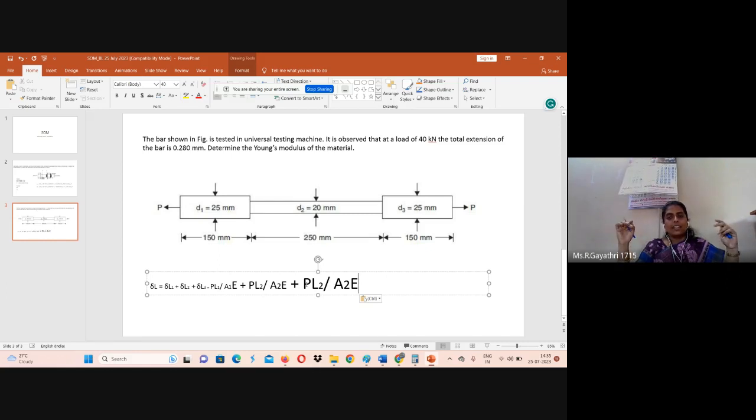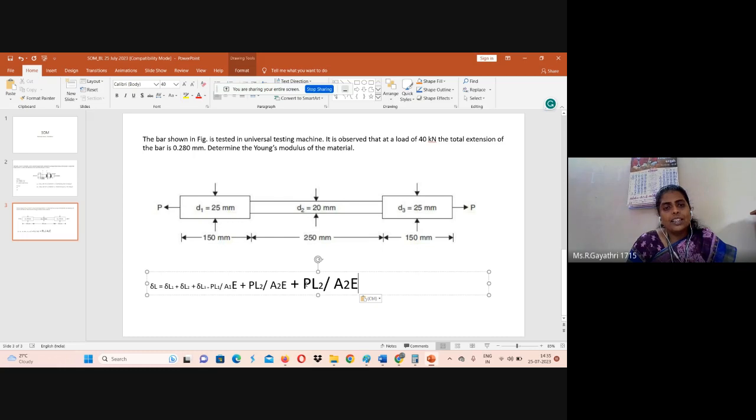This is the idea. But here they not talked anything about same material or varying material. They simply asked us to find the Young's modulus, so we can assume same material is in every section. Okay, extension formula PL by AE.